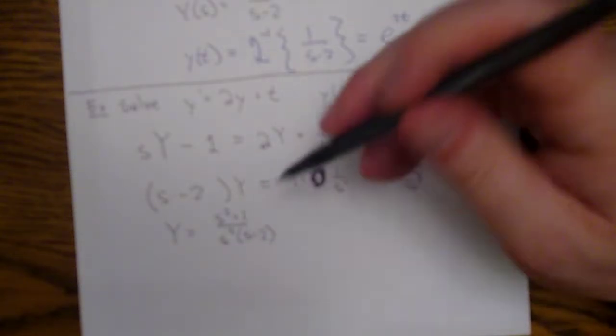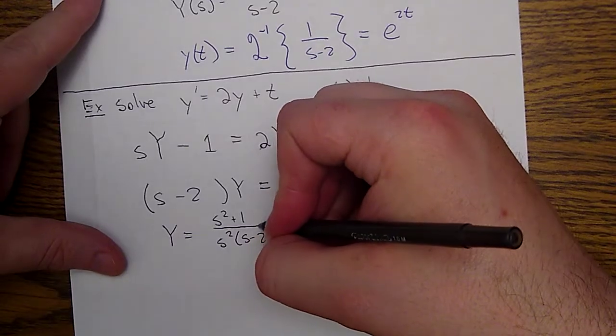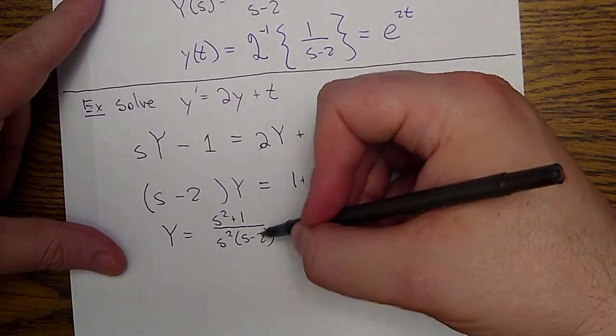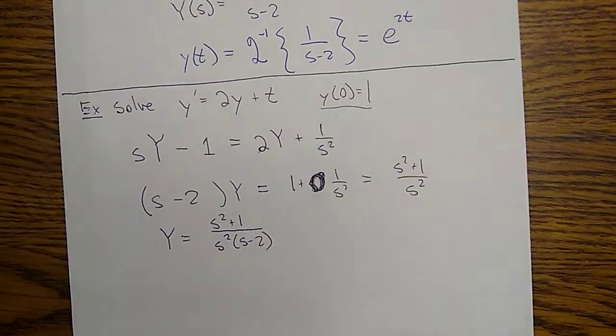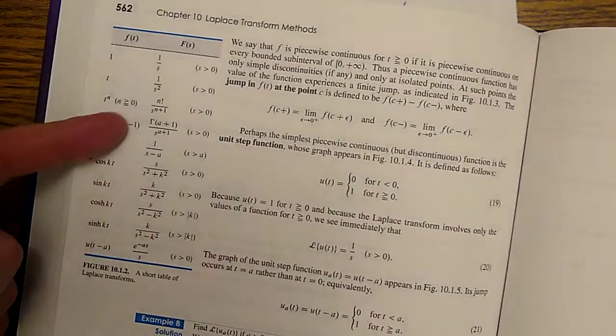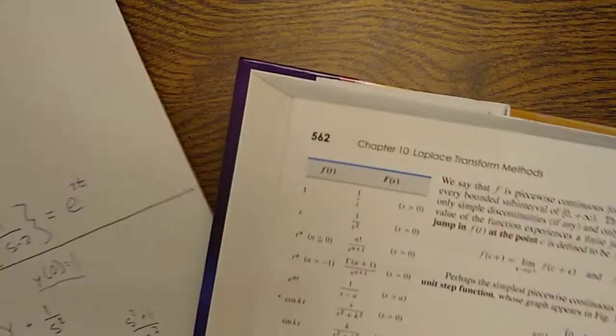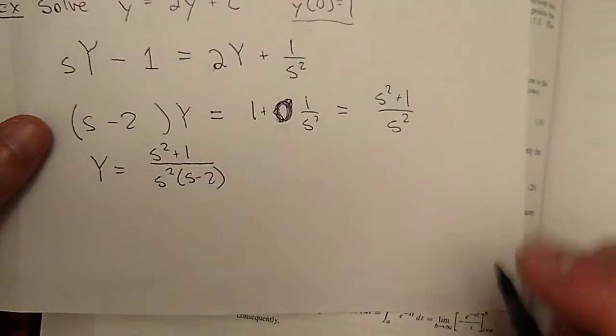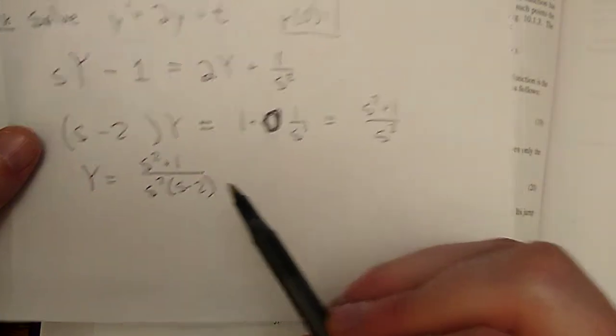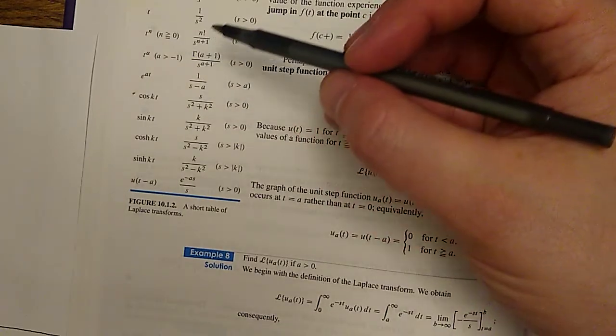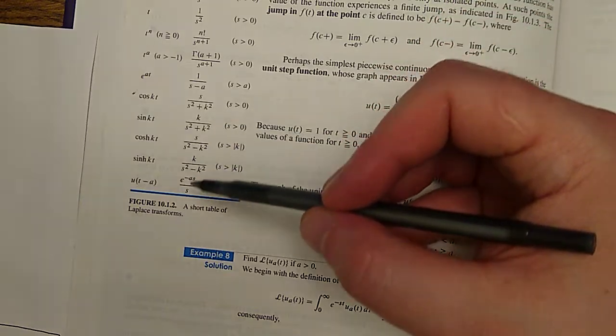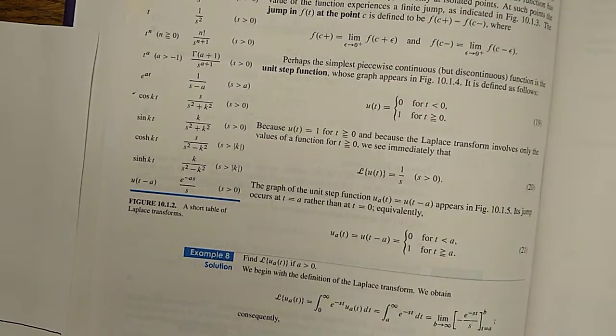All I need to do is the inverse Laplace transform of this. However, this is not exactly something that I see on my list, right? This complicated looking thing, s squared plus 1 over s squared times s minus 2. I don't really see anything quite like that on my list. So how am I going to do the inverse Laplace transform of it?